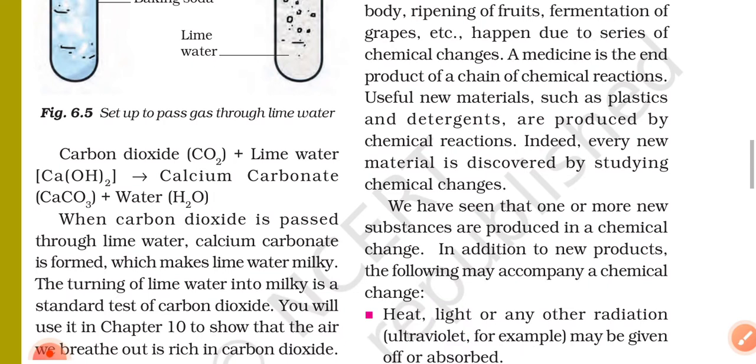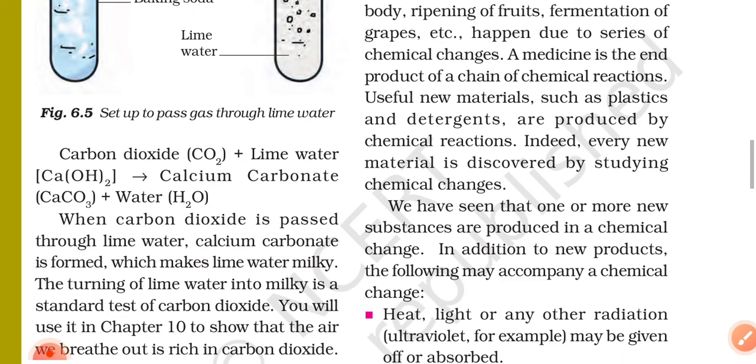Useful new materials such as plastics and detergents are produced by chemical reactions. Indeed, every new material is discovered by studying chemical changes. We have seen that one or more new substances are produced in a chemical change.